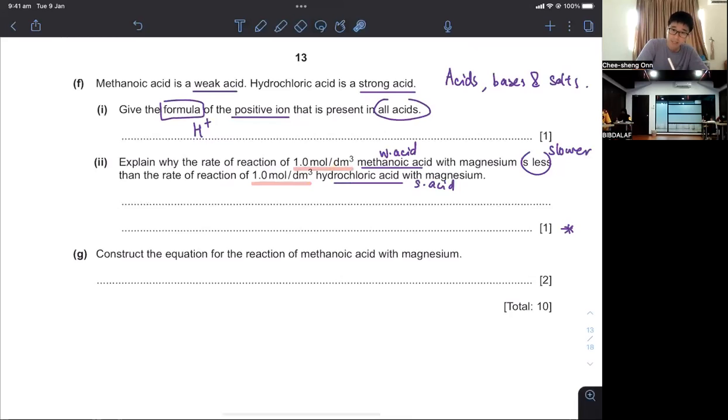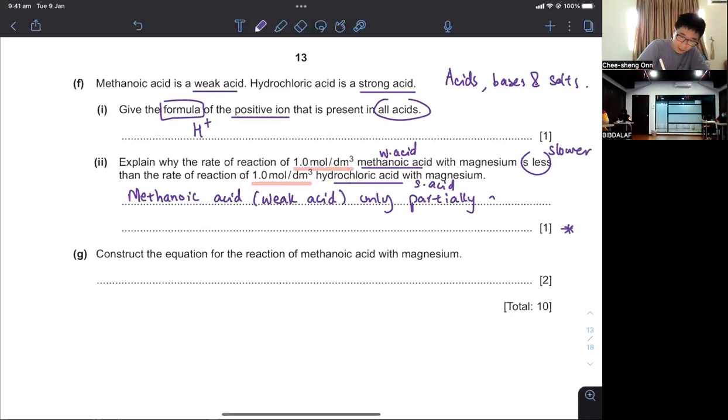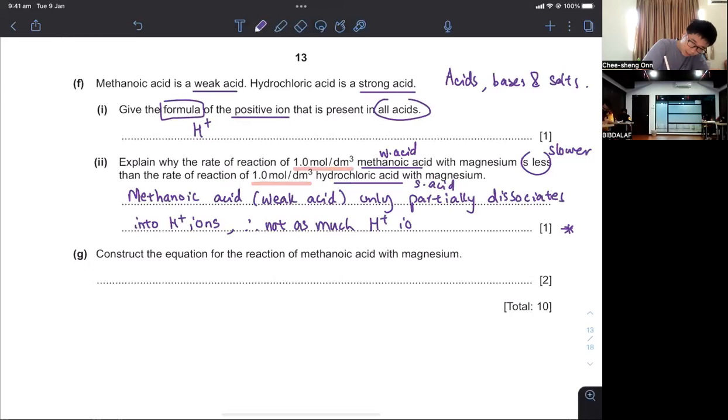Even though the concentration is the same, we know that methanoic acid is a weak acid. So what do we know about weak acid? They only partially dissociate into H plus ions. Therefore, not as much H plus ions per unit volume as strong acid.